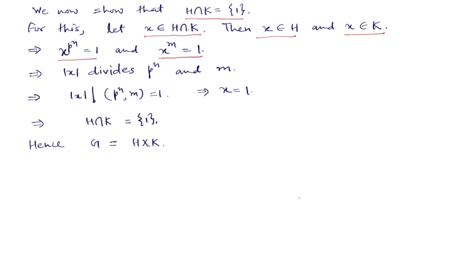And so the order of x divides p^n, and also the order of x divides m. This would imply that the order of x divides their GCD, but their GCD is 1, and so the order of x divides 1, and that shows that x itself is the identity element. So H intersection K contains only the identity, and hence G is the direct product of H and K.